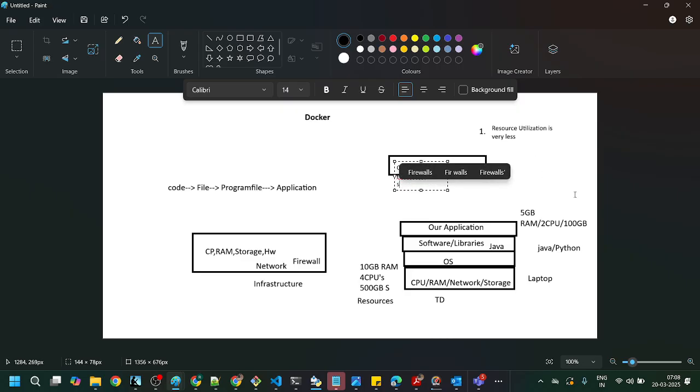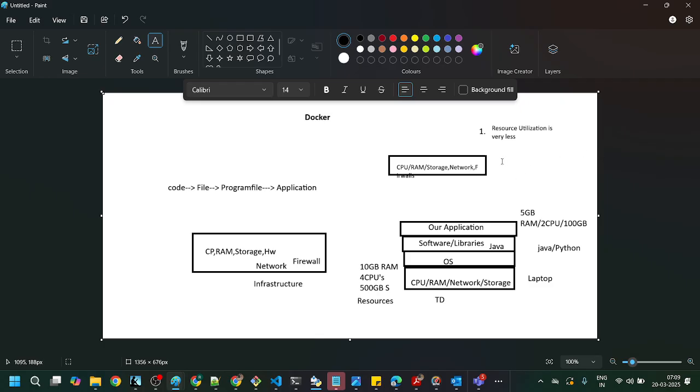We need all of that. Again, we install our OS, and on top of that we deploy the other application. Now we are making isolation between two instances. We used to follow this earlier.